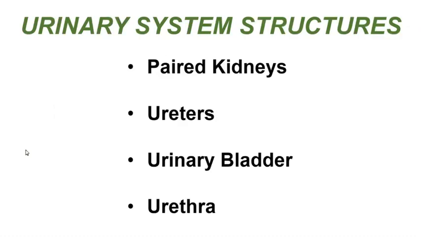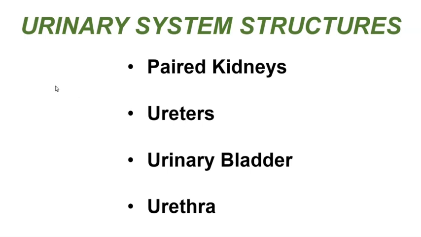So let's look at the urinary system structure. We've really got this list of 4 structures here. We've got the paired kidneys and paired ureters here. So the kidneys are what are going to be our filtering mechanism for the blood. We'll see a large collection of blood vessels within the kidneys, and this is where the filtering and the processing of blood is occurring to form a solution called filtrate, and the filtrate will then leave the kidneys through the paired ureters.